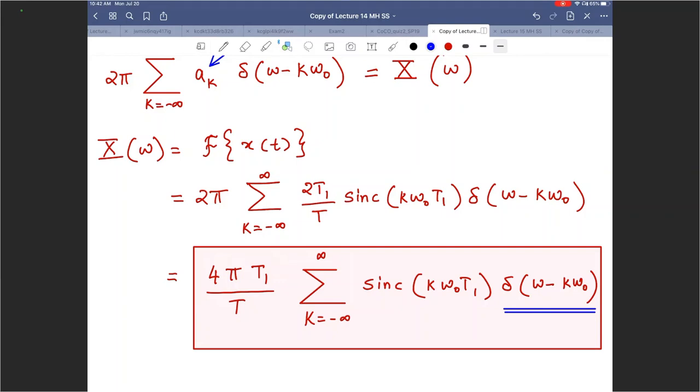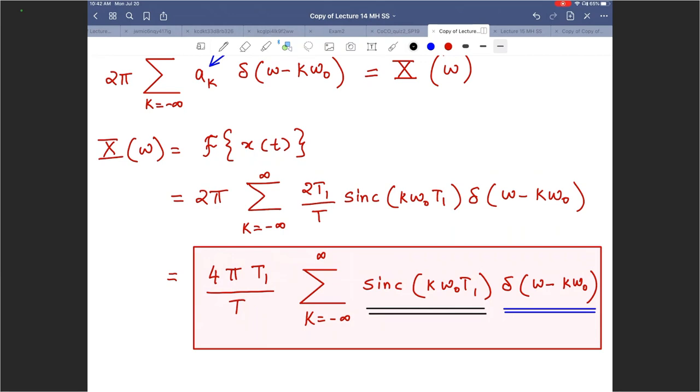And I know earlier when I did this for a square wave, all the even harmonics went to 0 from a_k, and you can see this by substituting k as 2, 4, 6, and so on in this result, and you will see that it evaluates to 0 at those frequencies. So that's one.